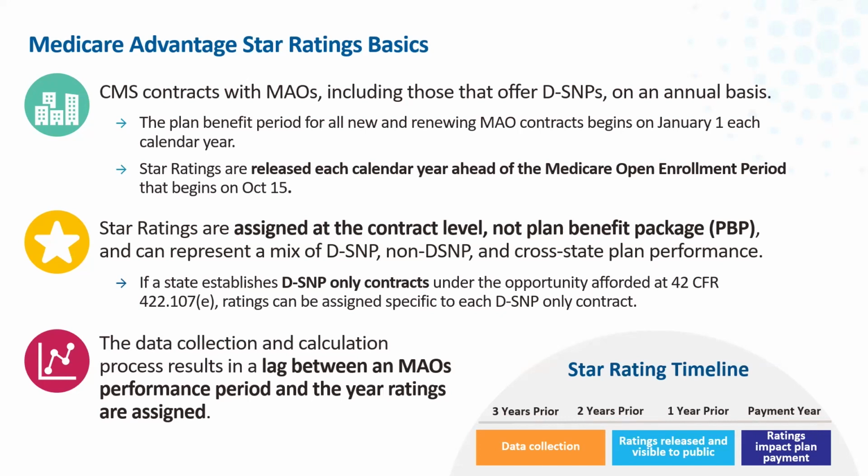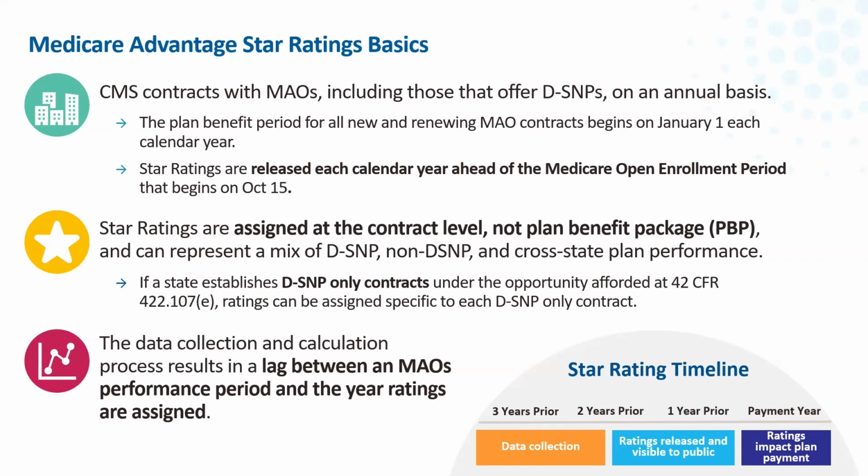Additionally, if a state works with CMS and its contracted DSNPs to establish what are referred to as DSNP-only contracts, Medicare Advantage quality measures can be reported and star ratings can be calculated that are specific to each of a state's DSNP-only contracts. This can allow for greater transparency on outcomes and experiences specific to dually eligible individuals.